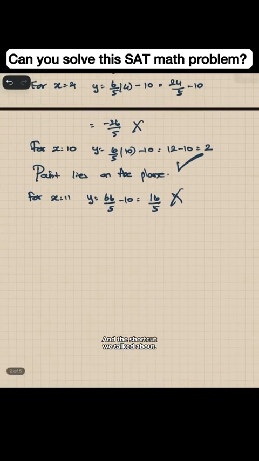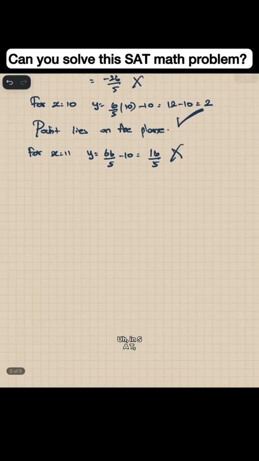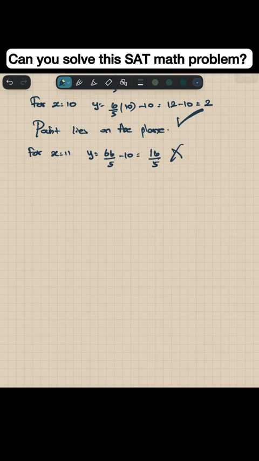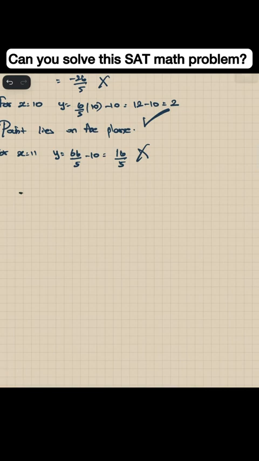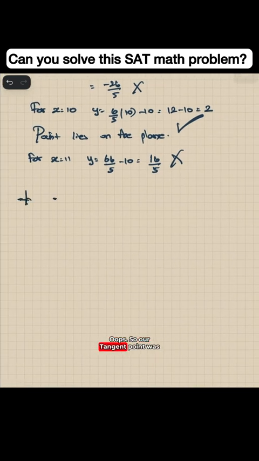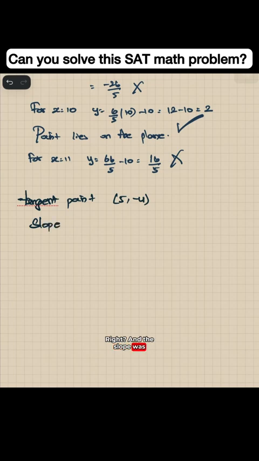And the shortcut we talked about: in the SAT, you can use the tangent point and the slope to find the correct option. Let me teach you how. So our tangent point was 5, negative 4, right? And the slope was 6 over 5.